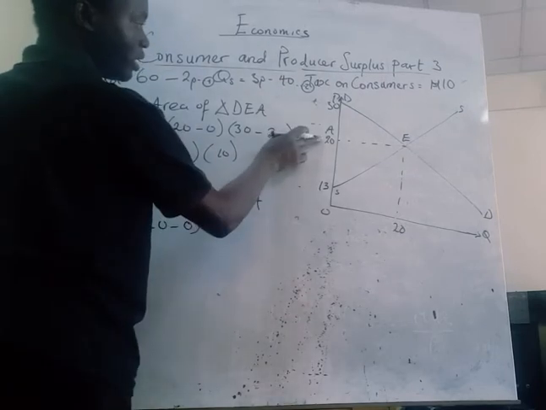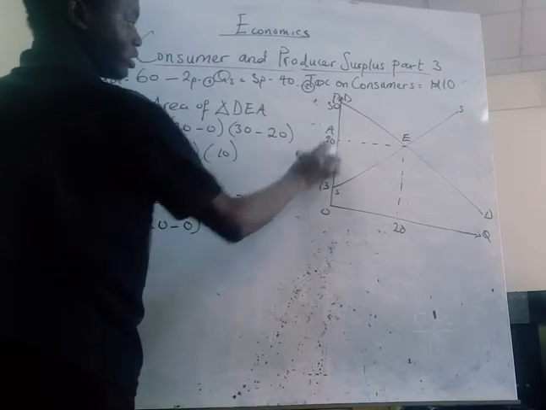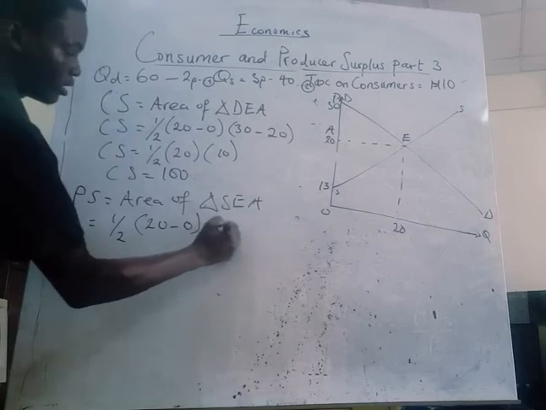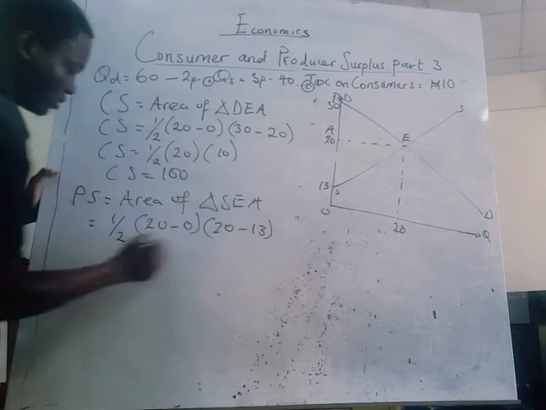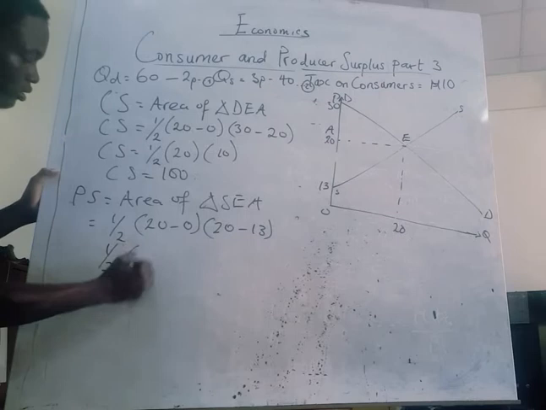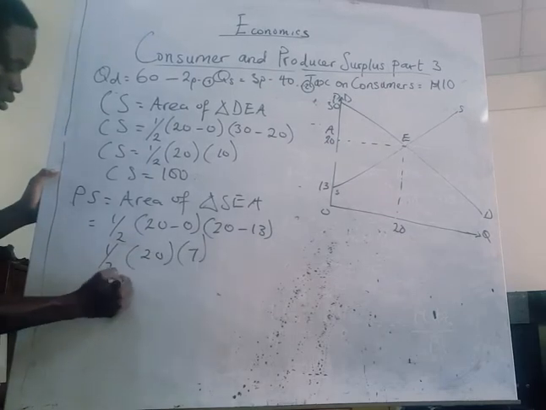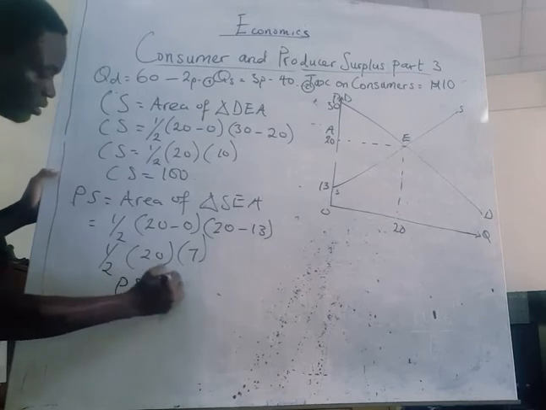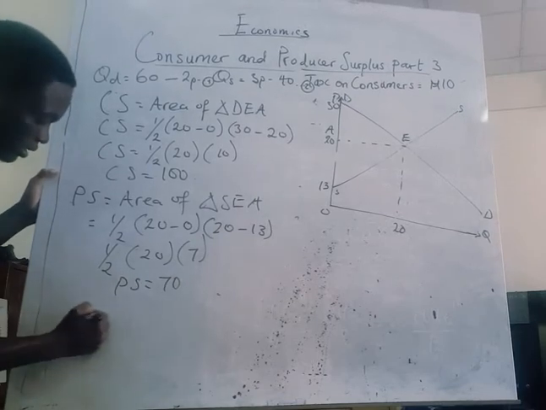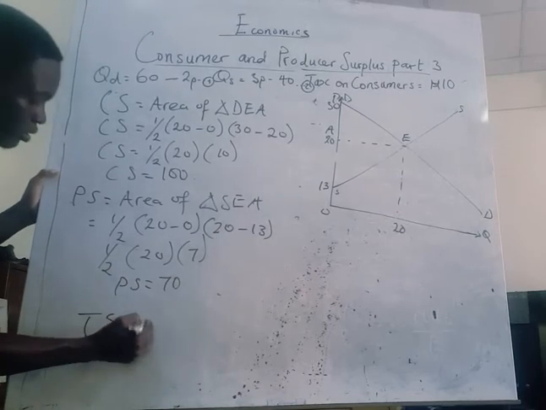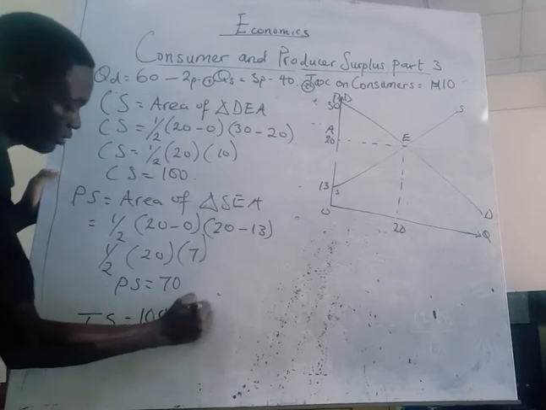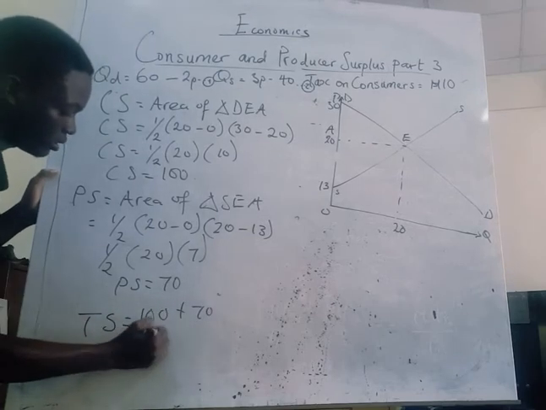The height is simply 20 minus 13 to give us this portion of the triangle. So we have half into bracket 20 and into bracket 7. Okay, so our PS is equal to 70. So our total surplus is 100 plus 70, which equals 170.